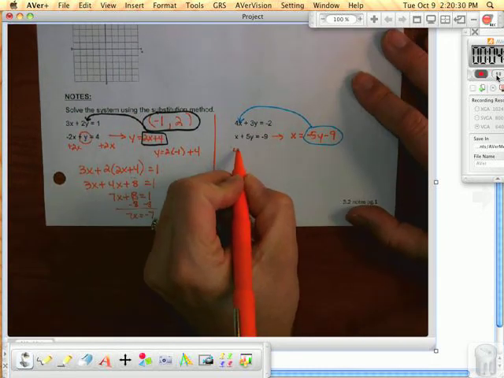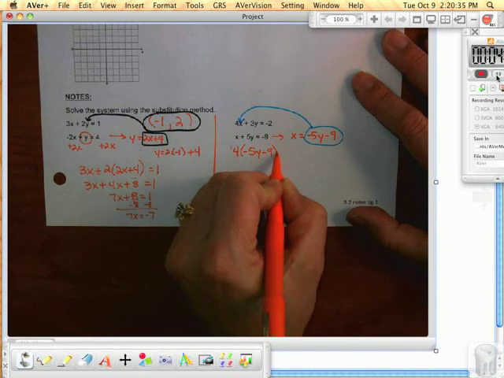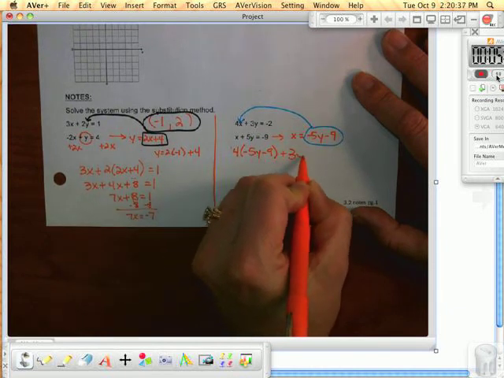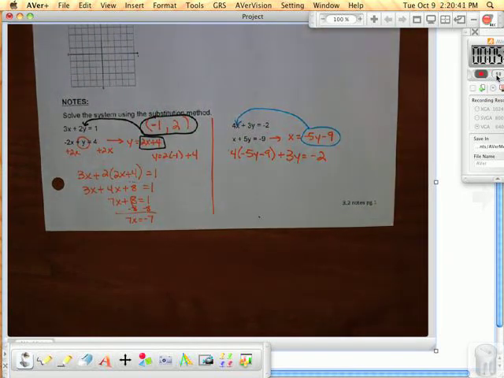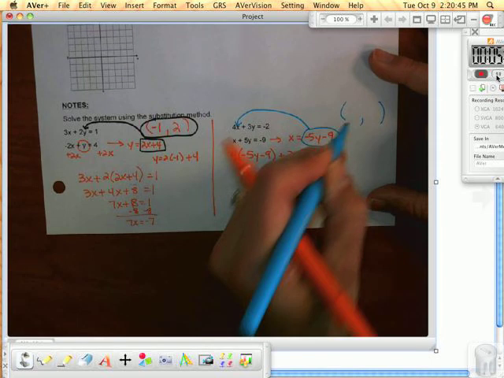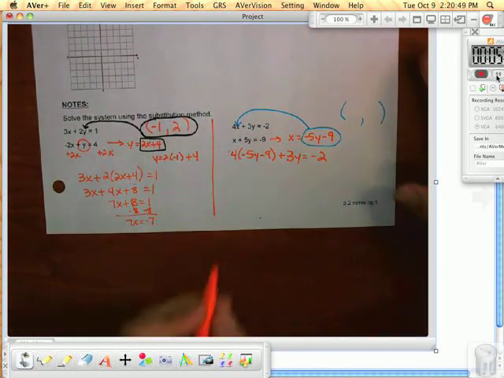4 times negative 5 minus 9 plus 3y equals negative 2. Oh, shoot, I forgot to set up my ordered pair. I usually do. All right, you guys do the math, do the magic here.